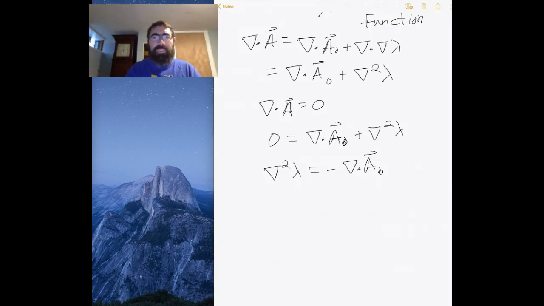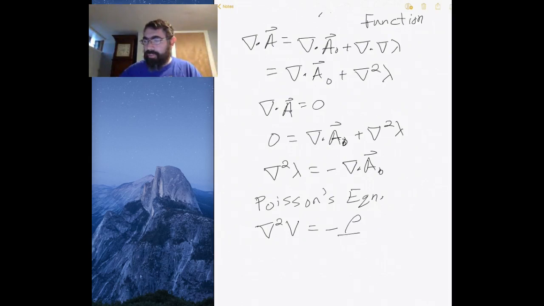So the interesting thing is that this is very similar to the Poisson equation in electric fields. Poisson's equation said we had the Laplacian of a scalar function equal to minus the charge density divided by epsilon naught.